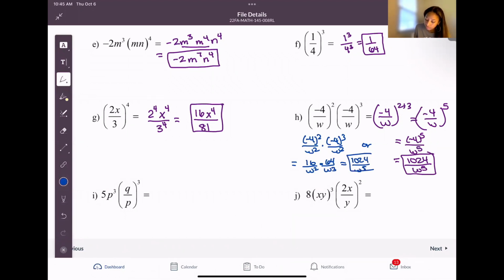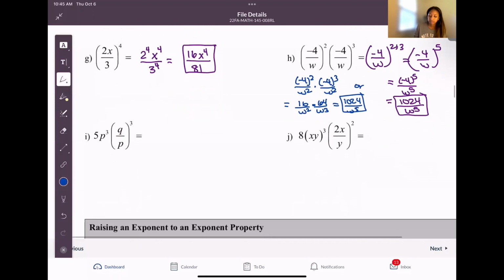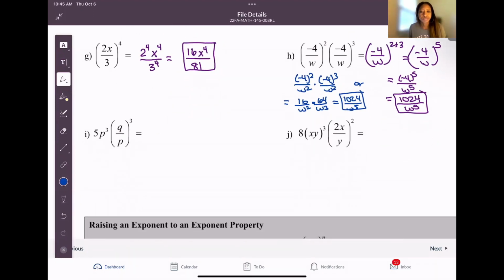You can do it either one of these ways. So this is just an example showing that sometimes there's more than one way to simplify the expressions. And both ways are valid. You can use either one.